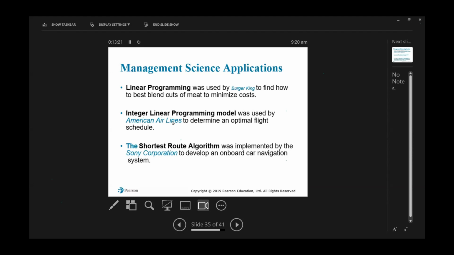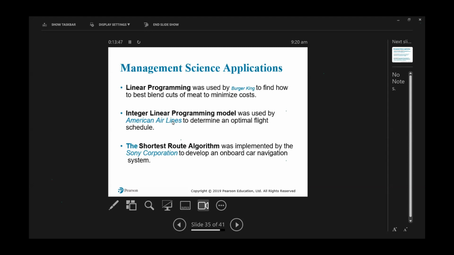Okay. If you look at Burger King, you know that they are into the production of burgers. They use linear programming to determine the best blend cuts of meat that they have to use in preparing the burger so that they can maximize profit.